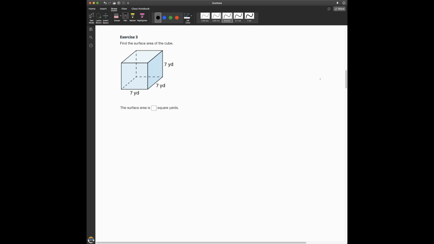All right. Next, surface area of the cube. So surface area of the cube would be, again, 2 times the length times the width plus 2 times the length times the height plus 2 times the height times the width. And since the length, the width, and the height are all the same value, then let me substitute.